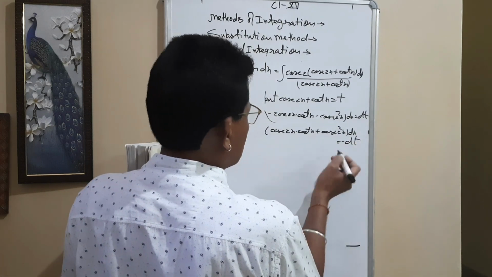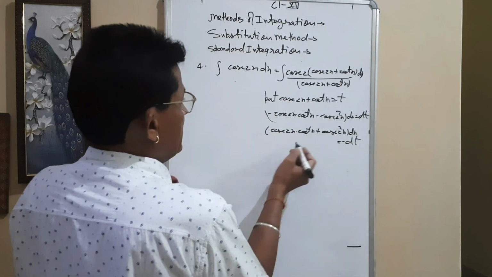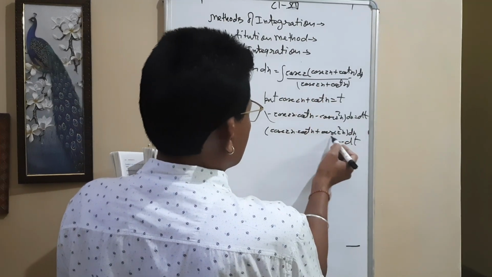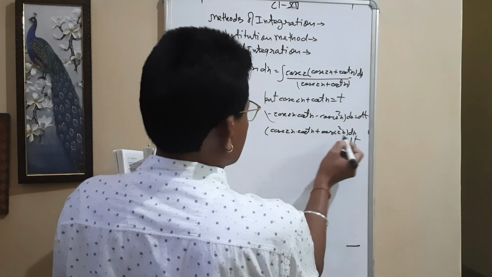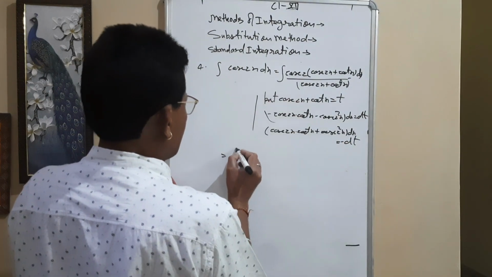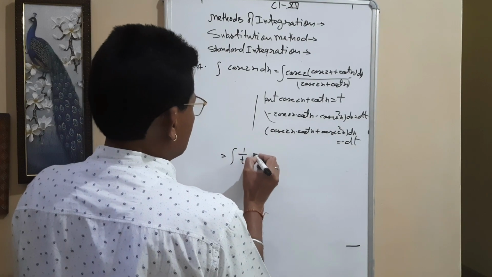I remove the negative, and in the numerator it is cosec square x plus cosec x cot x dx, which equals 1 upon t dt.